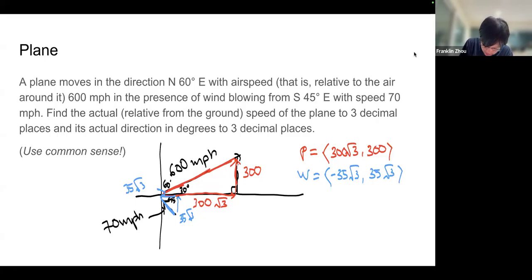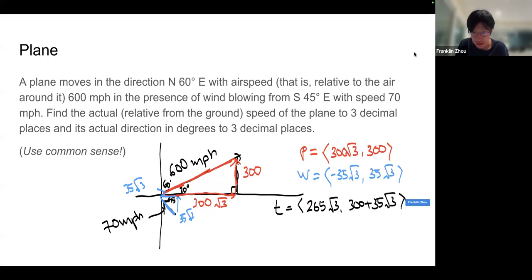If we add these, let's call it T for total, we get some vector, and we need to find the magnitude and direction. For the magnitude, we just square both components and add them, which we do with a calculator.